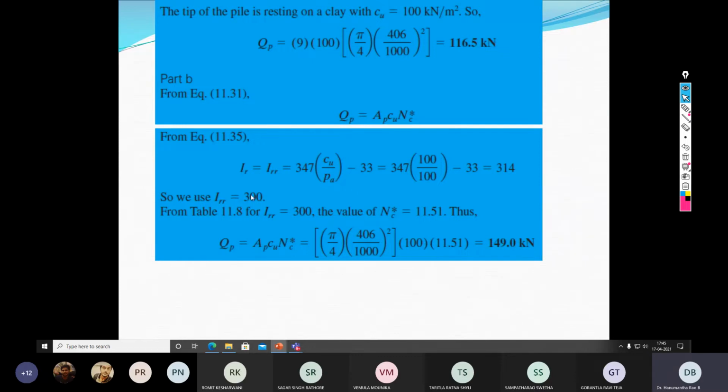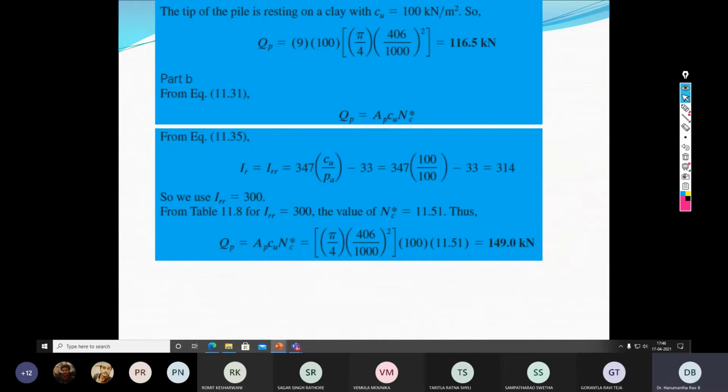Since Irr is known, from the table we can pick up the value of Nc star, that is 11.51 for Irr of 300. Once Nc star is known, Qp is equal to Ap into Cu into Nc star. Substitute and calculate the point bearing capacity of the pile, which you will get as 149 kilonewton.